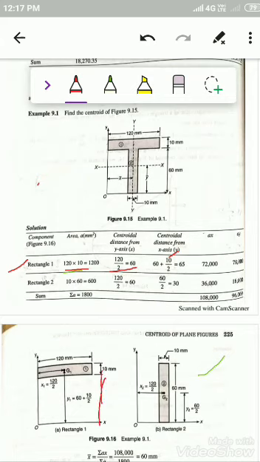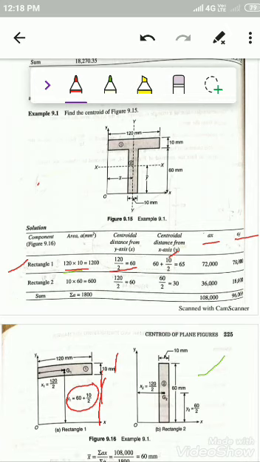From the x-axis, how much is the y bar distance? You can observe in the figure here, it is 10 divided by 2 plus 60. 10 is the depth of this rectangle, plus 60 gives the y bar distance of the first rectangle. After calculating this, for ax and ay, you just multiply area into x bar distance and area into y bar distance.